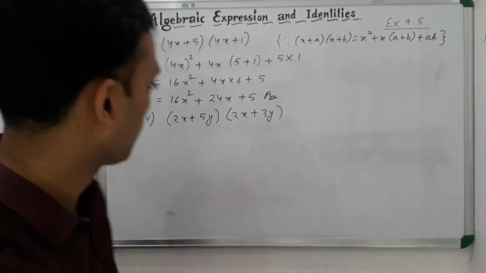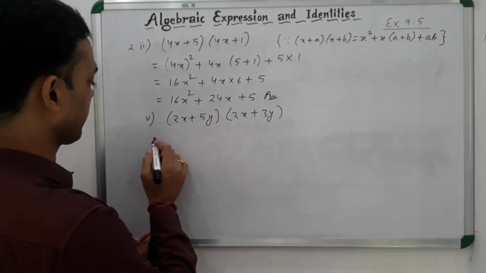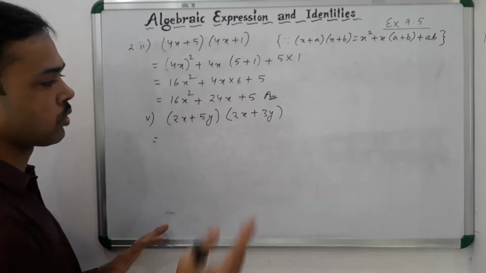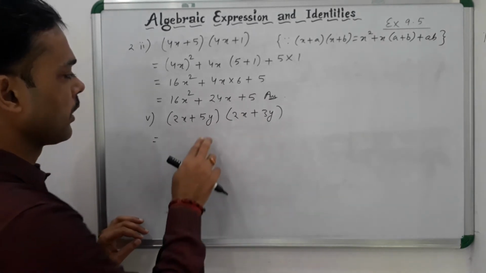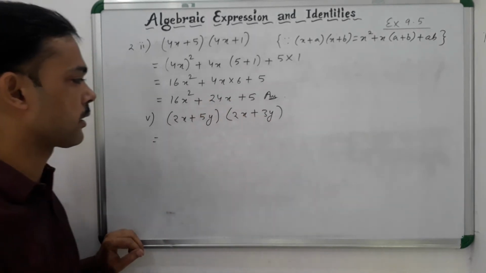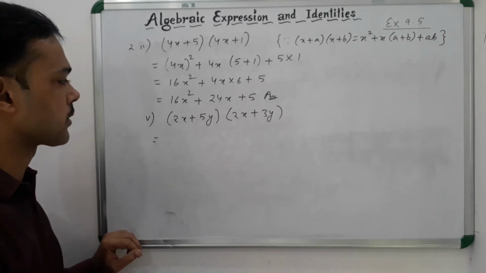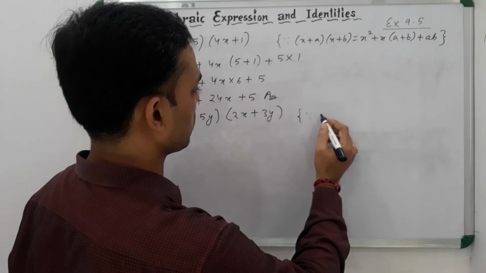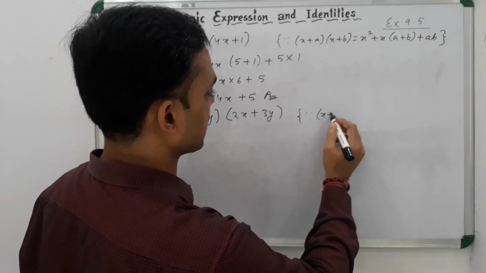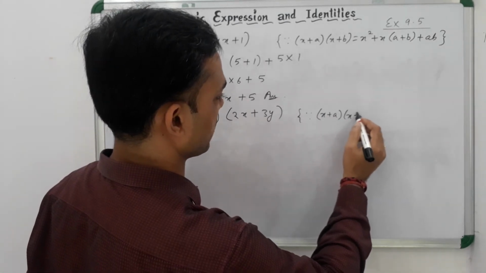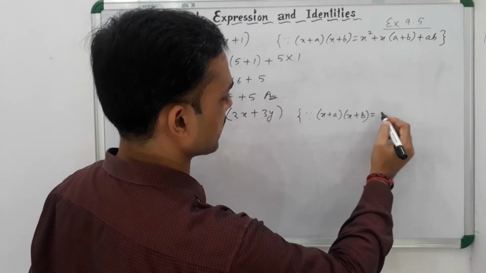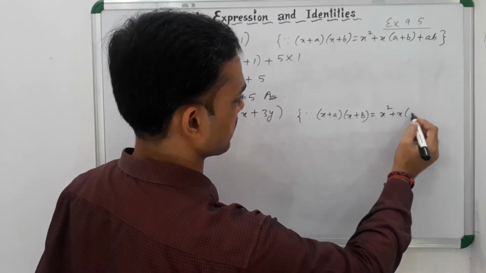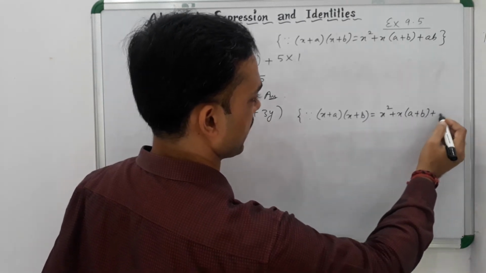So once again, the first term in both the expressions is the same, and we find the change in the second term in both the expressions. It means that here also we can use the fourth identity, that is x plus a into x plus b, and that is equal to x square plus x in bracket a plus b plus a into b.